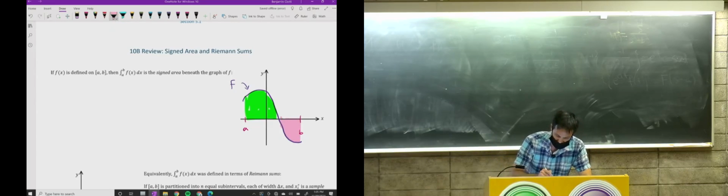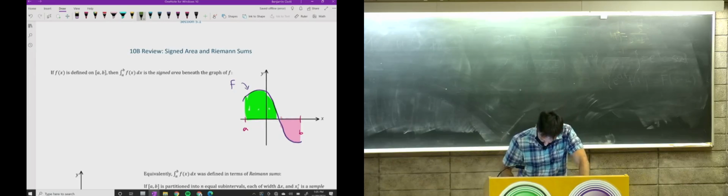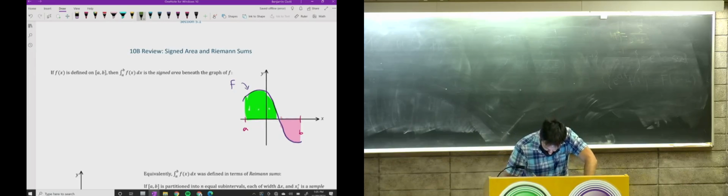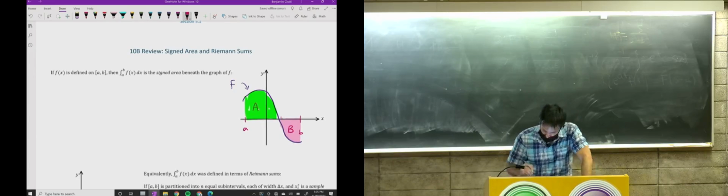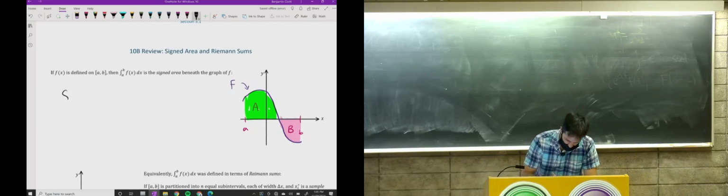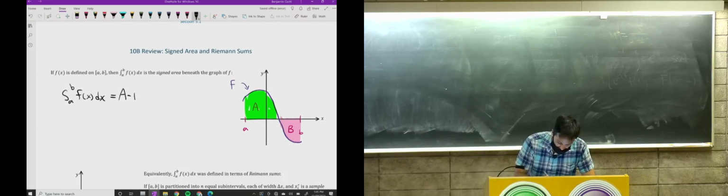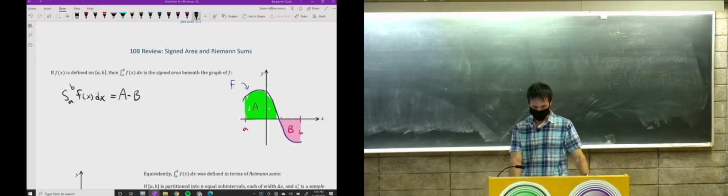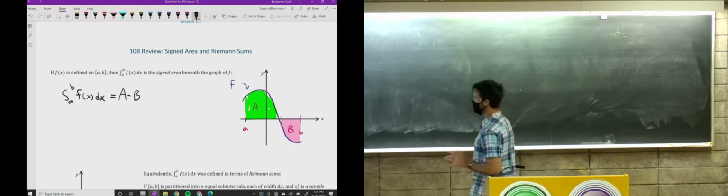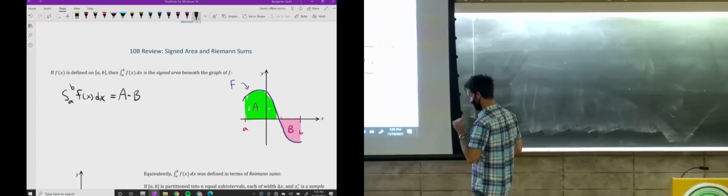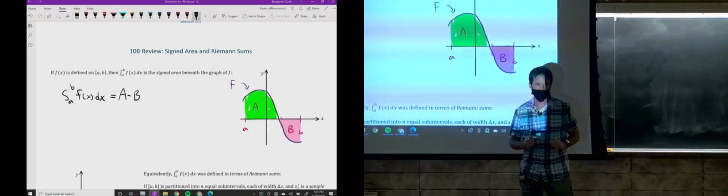So if I call that first area capital A, and I call that second area capital B, then the definite integral of little f from little a to little b will be equal to capital A, that's positive area, minus B, because that's negative signed area. So that was the first definition that you probably saw in Math 10b of a definite integral.